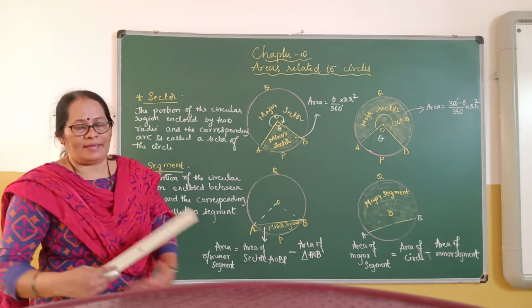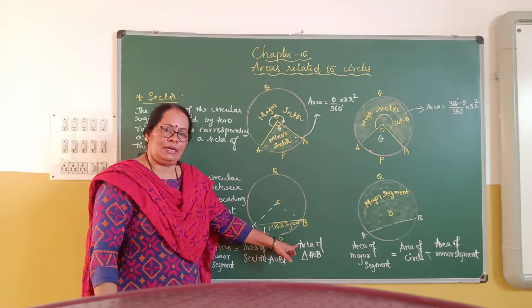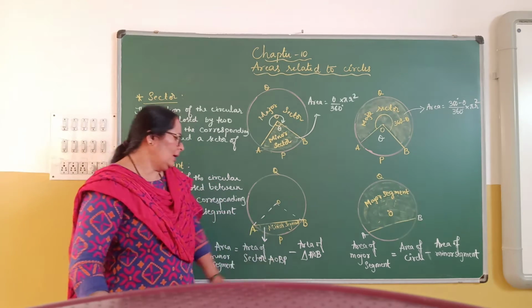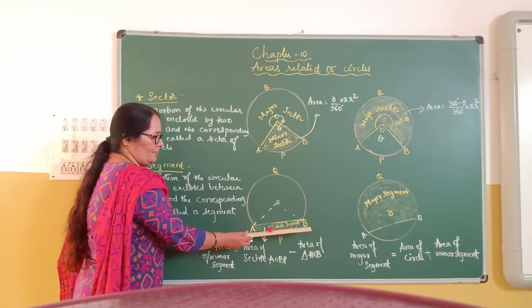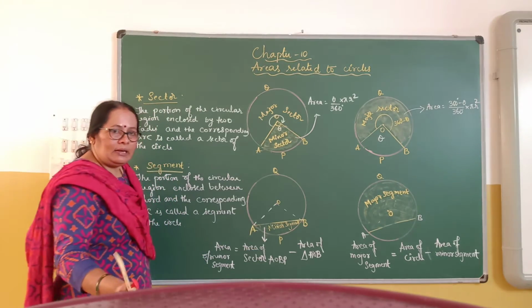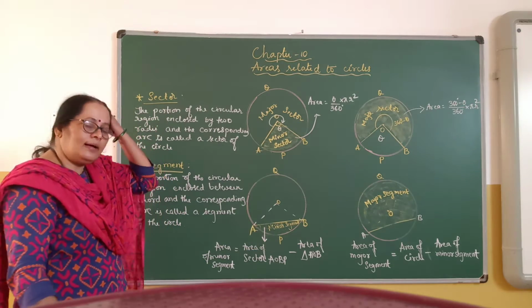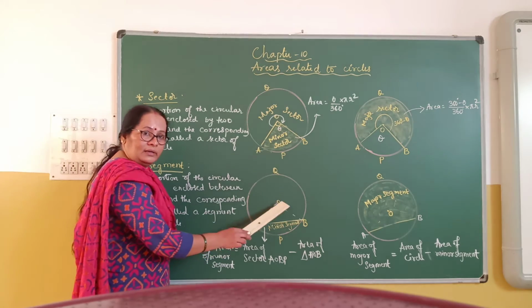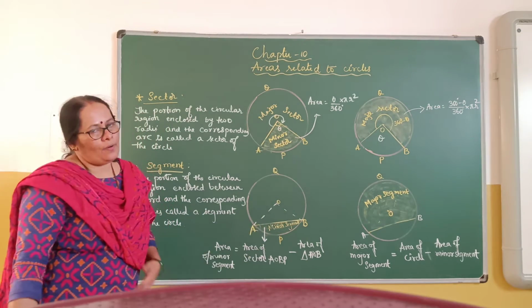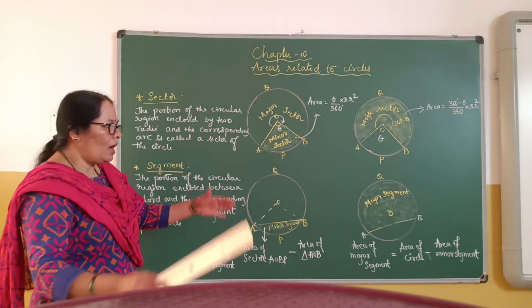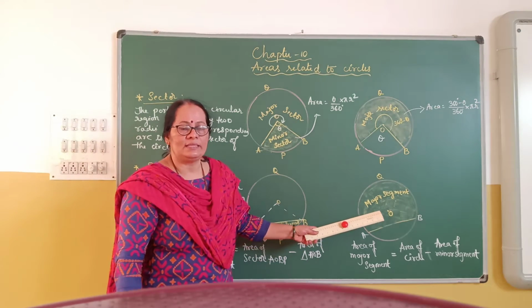So there are different ways to find the area of the triangle. Now the area of the minor segment can be calculated using the formula area of the sector minus area of the triangle.